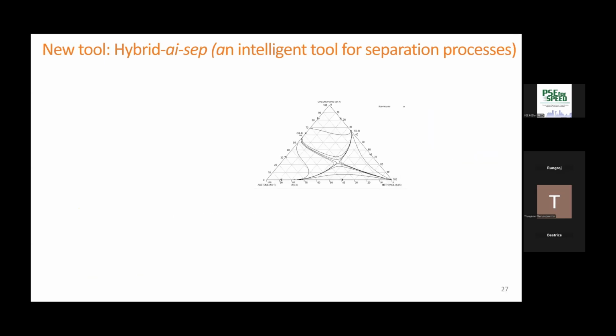So with that, I will go to my last topic. So here I was actually looking at a separation book, and every separation book gives this ternary diagram and residue curve map. Is acetone, chloroform, methanol, and there are 4 distillation boundaries.